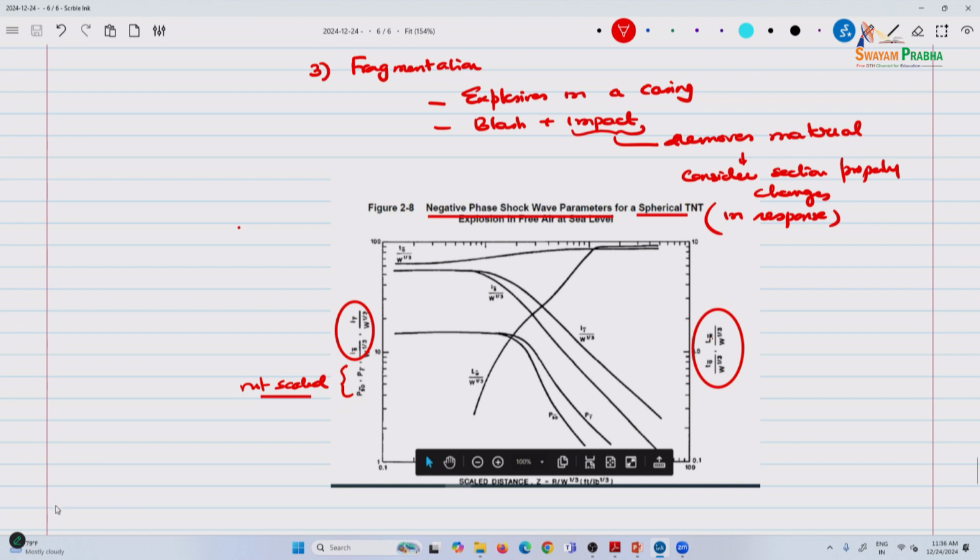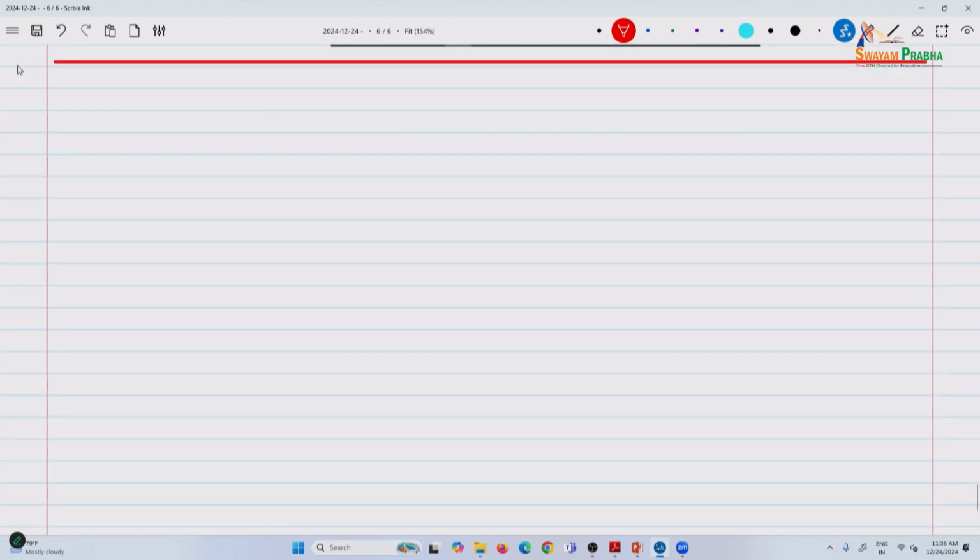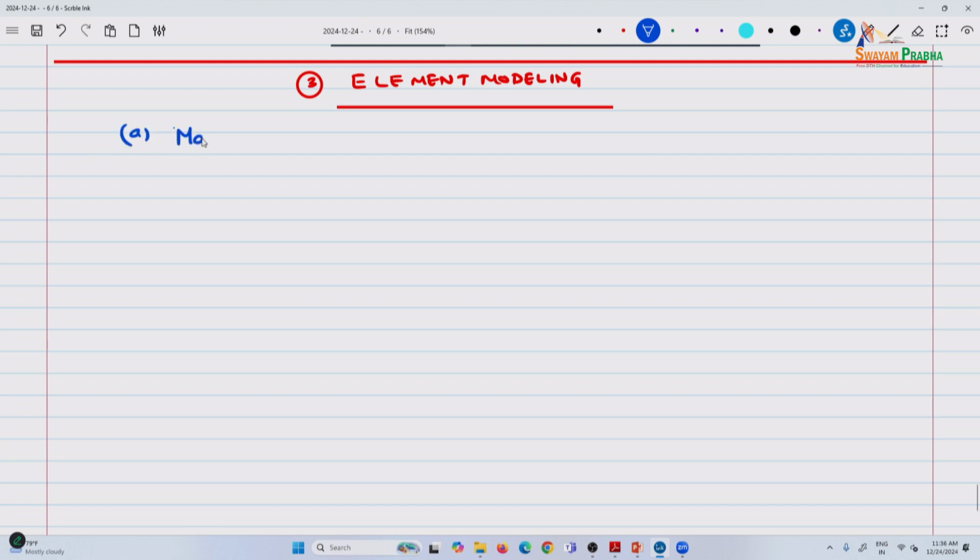Then, again, remember the theme for today is uncertainties. So continuing with that, we'll go into element modeling. The third one was element modeling. So we'll start with material parameters.